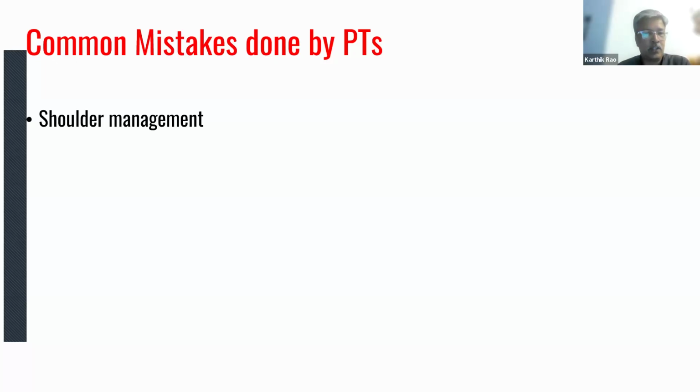Any movement in the shoulder is usually accompanied by the scapula as well. And therefore, when you do a passive movement, many times we do the movements only for the shoulder without considering the scapula. When you passively mobilize the shoulder joint, always consider the scapula as well and move it according to the biomechanical principles.